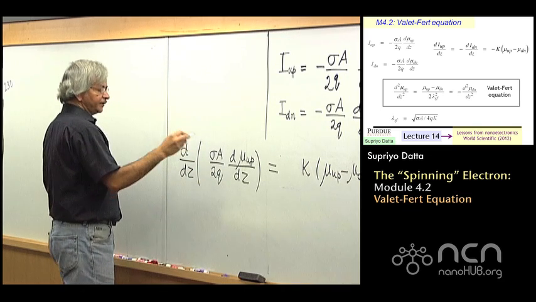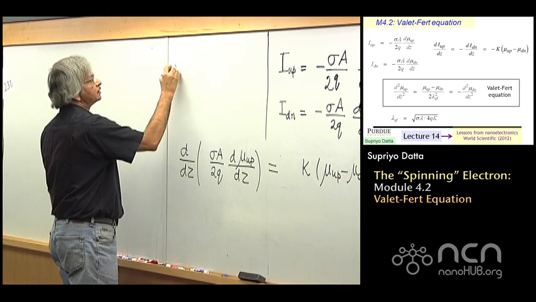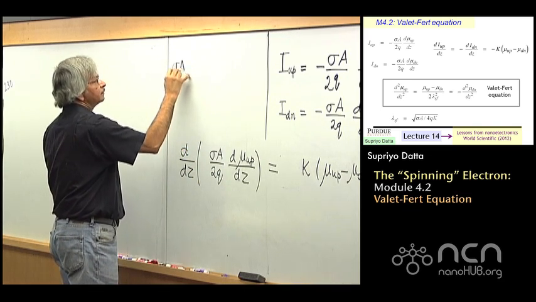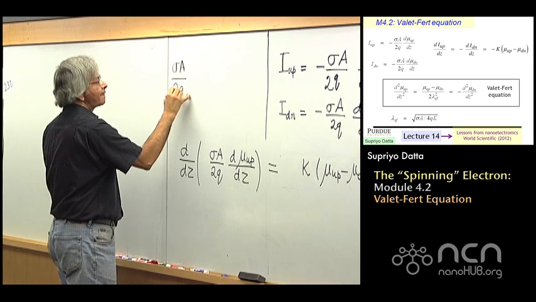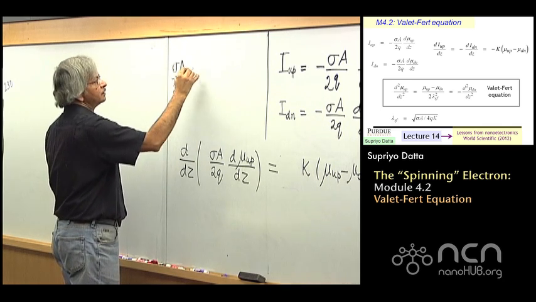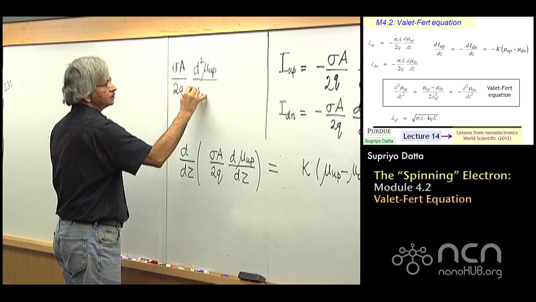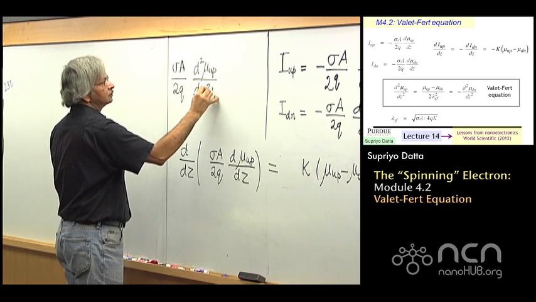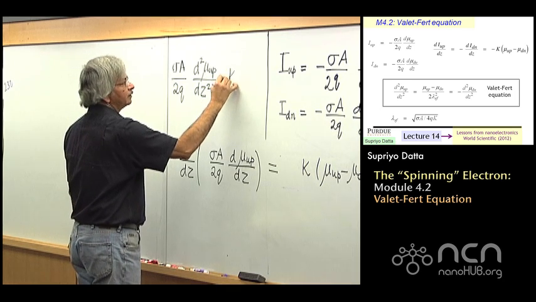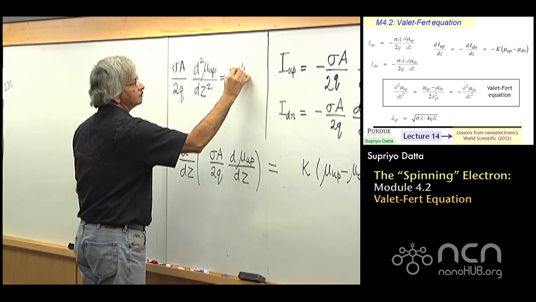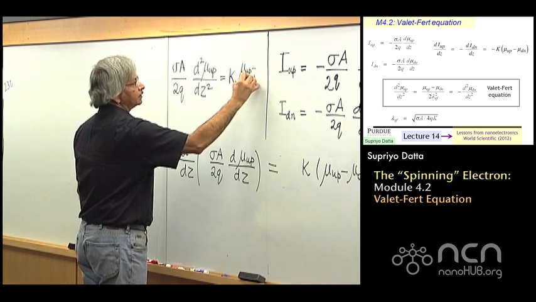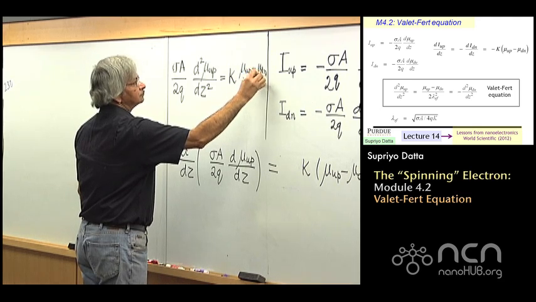So what you'd get then is sigma a over 2q d2 mu up dz2 is equal to k times mu up minus mu down.